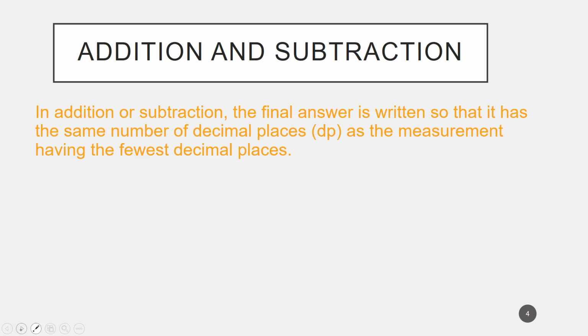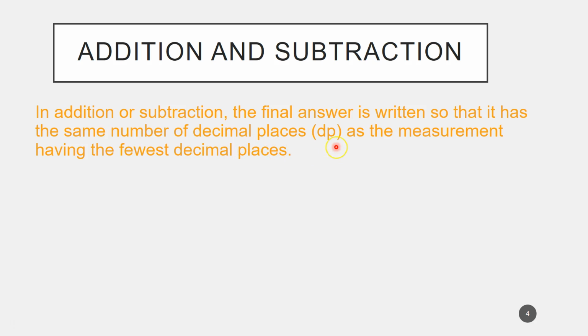Now we're going to look at the rules for addition and subtraction. In addition or subtraction, the final answer is written so that it has the same number of decimal places, abbreviated as DP, as the measurement having the fewest decimal places.